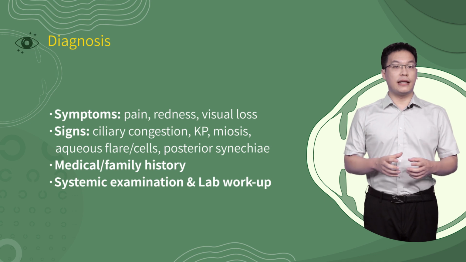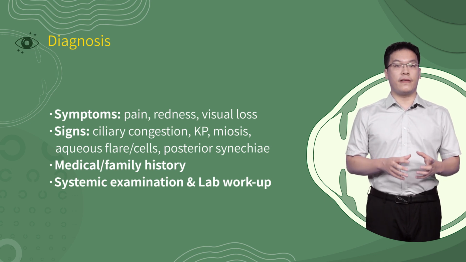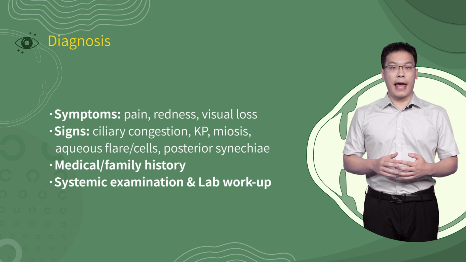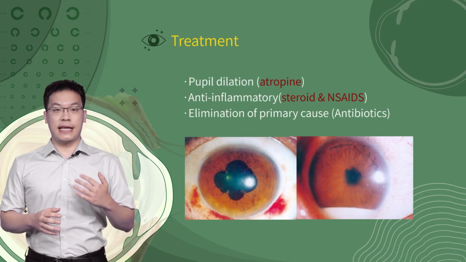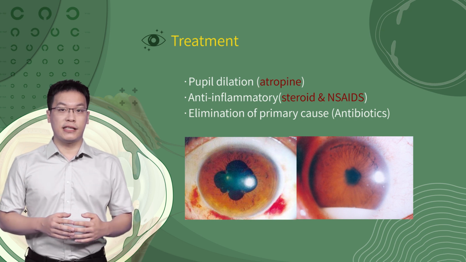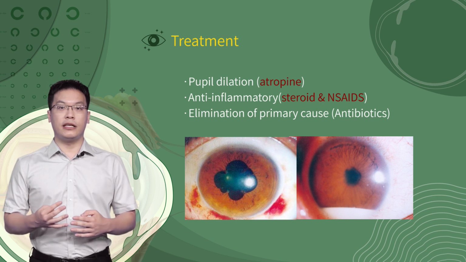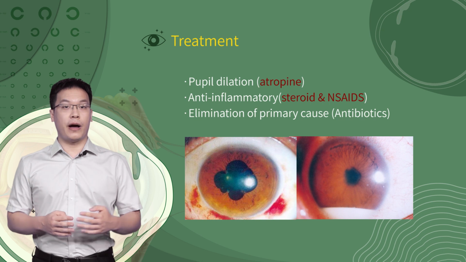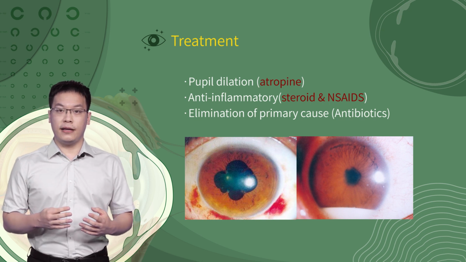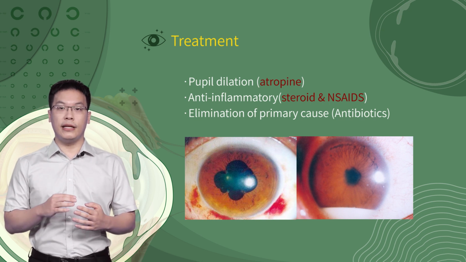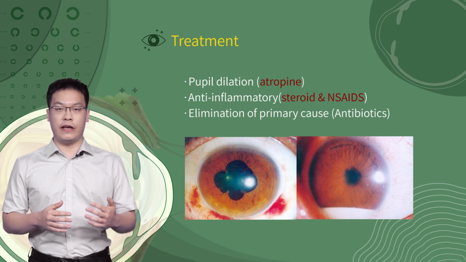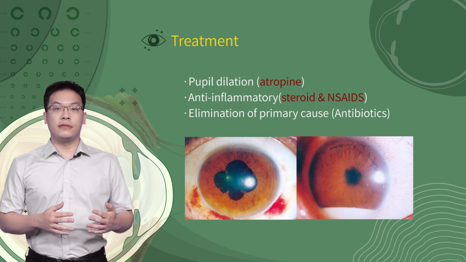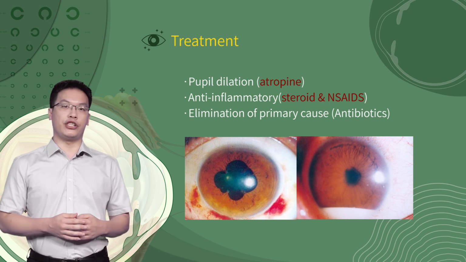We should complete a systematic history, perform a thorough physical examination, and laboratory workup. The three treatments that are mandatory for anterior uveitis are pupil dilation, anti-inflammatory agents, and antibiotics. Atropine is important since it can relieve spasm of the iris sphincter, hence attenuating pain and inflammation.